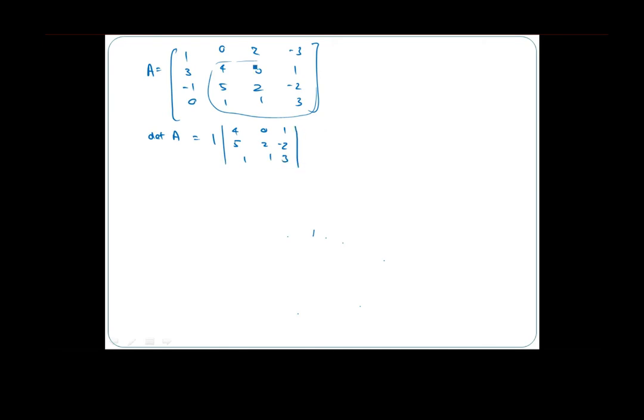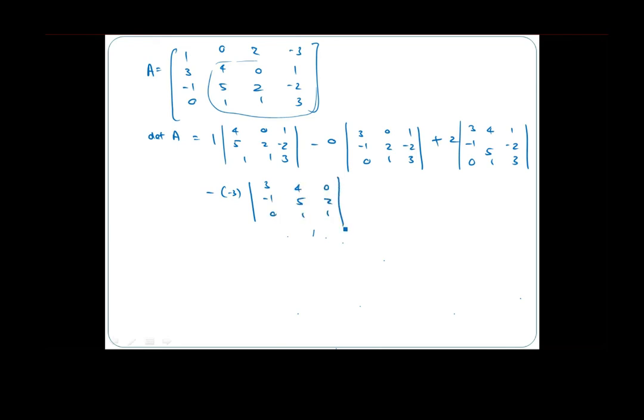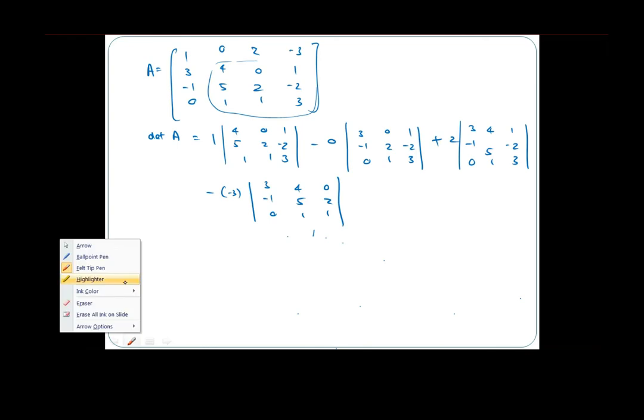All right, then we have minus 0, then the matrix is 3, negative 1, 0, 0, 2, 1, 1, negative 2, 3. Then we have plus 2. Here we have 3, negative 1, 0, 4, 5, 1, 1, negative 2, 3. Then we have minus negative 3. We have 3, negative 1, 0, 4, 5, 1, 0, 2, 1. Then we expand it.